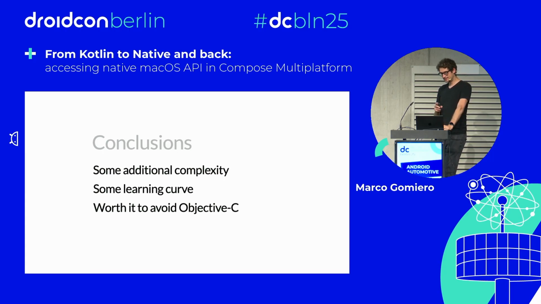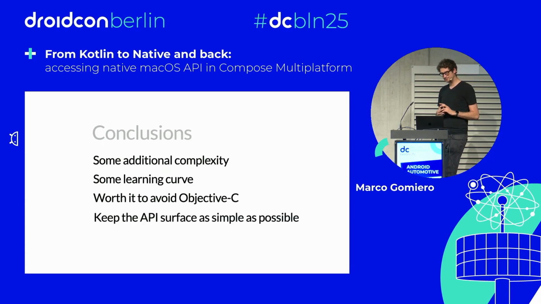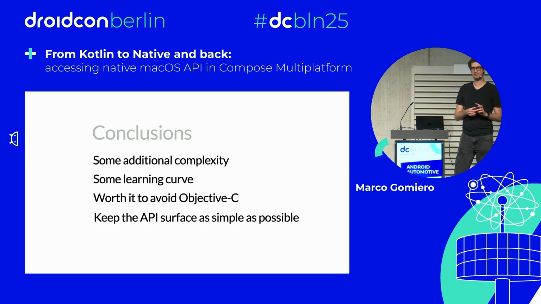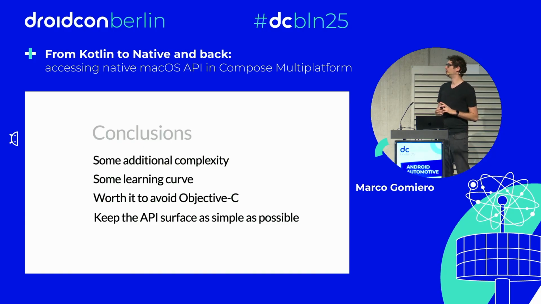And another suggestion that I want to give you is to keep the API surface as simple as possible on the JNI part, because there's complexity in doing stuff inside the JNI. So keep it simple.